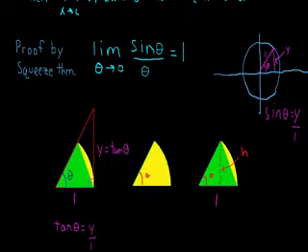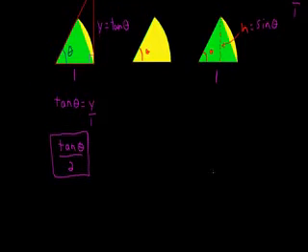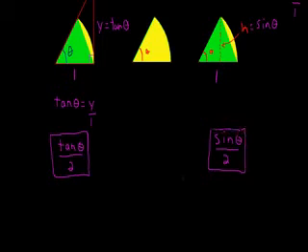So this segment is just equal to sine of theta, whatever this angle is right here. So the area of that green triangle is its base, 1, times its height, sine, divided by 2. That will just be the sine of theta divided by 2. There's the area of my green triangle.